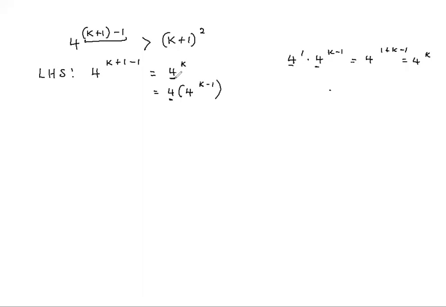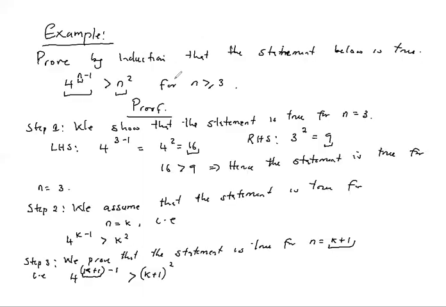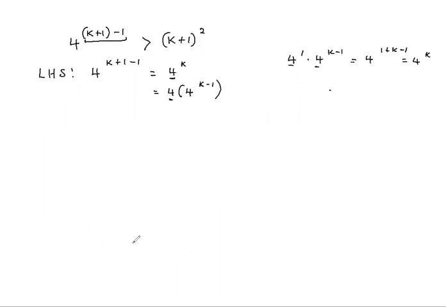Instead of just having 4^k, remember our step 2. Our step 2 is that 4^(k-1) is greater than k squared. So we want to reach step 2 because that's the one that we use in proving step 3. So we are looking for the 4^(k-1). So to find the 4^(k-1), what do you mean?